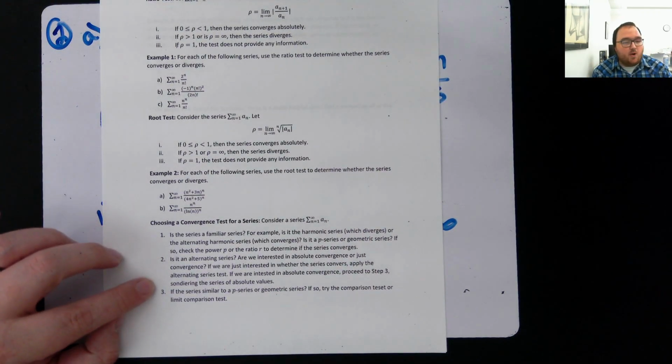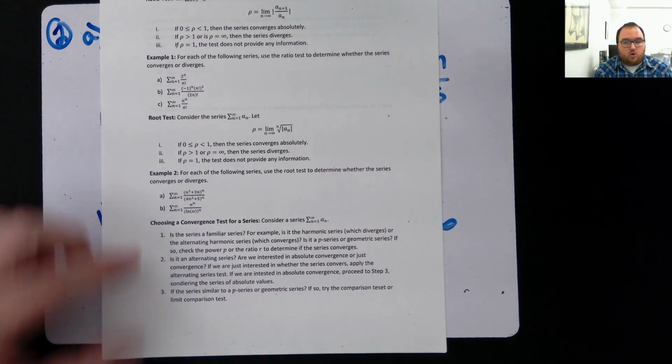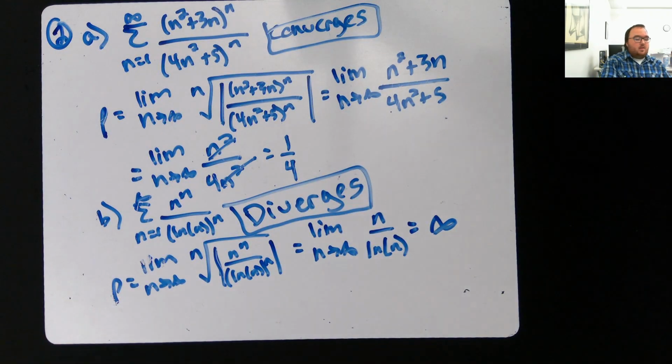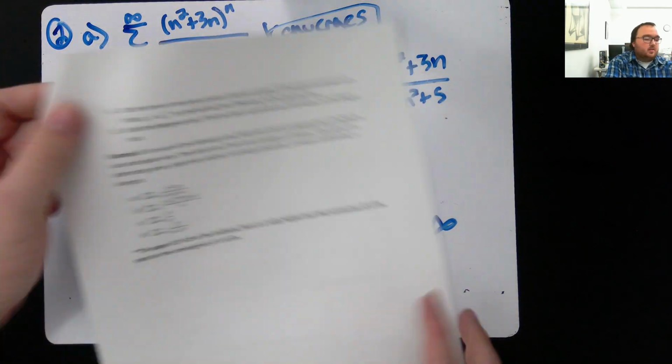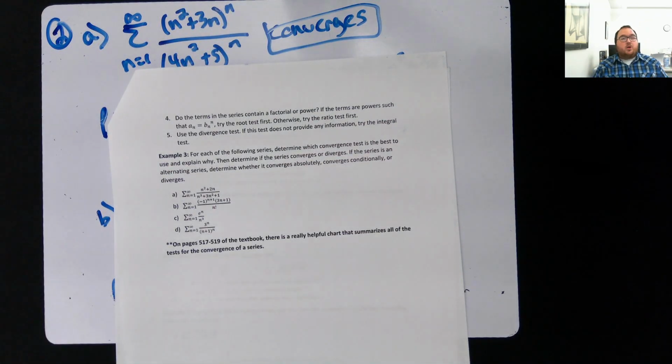It's going to say when I want to use which test. So go ahead and hit pause and read that. For the book, too, our book on pages 517 to 519 lists everything out. It's a really great tool.